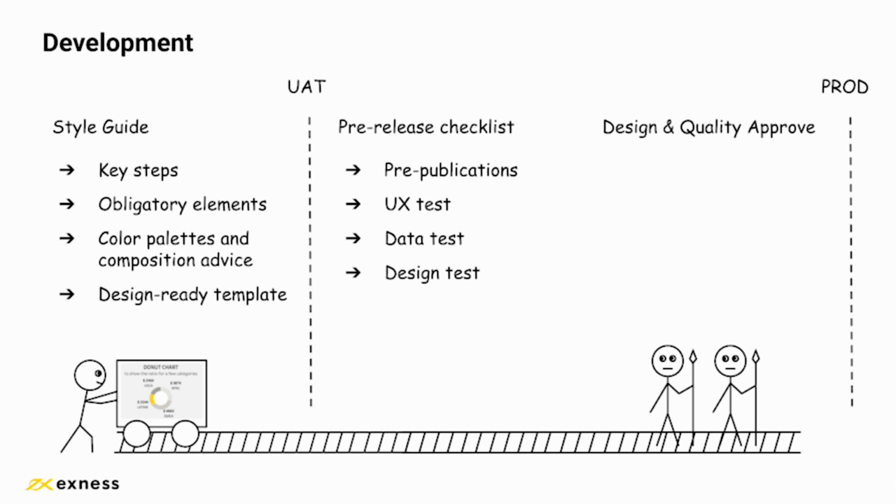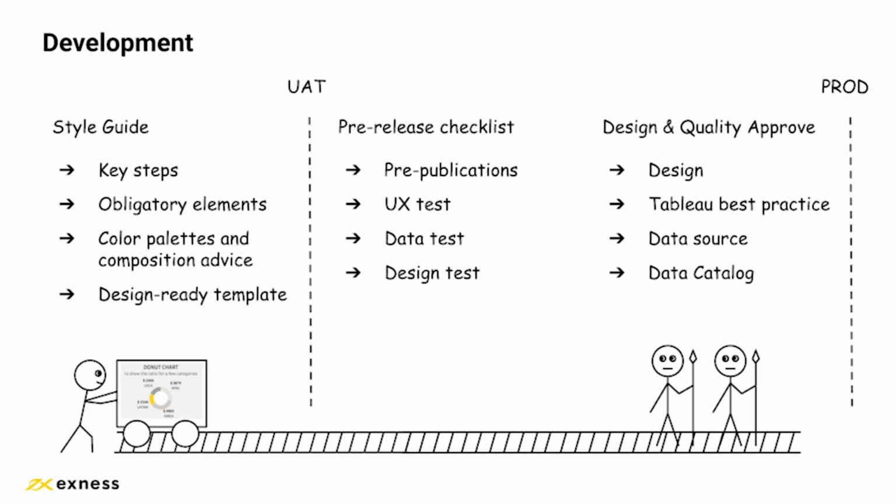Our special team checks the design: is everything okay with the design? Also, we check Tableau best practices, for example how to set up filters. We also check data sources and some additional requirements about the data catalog.